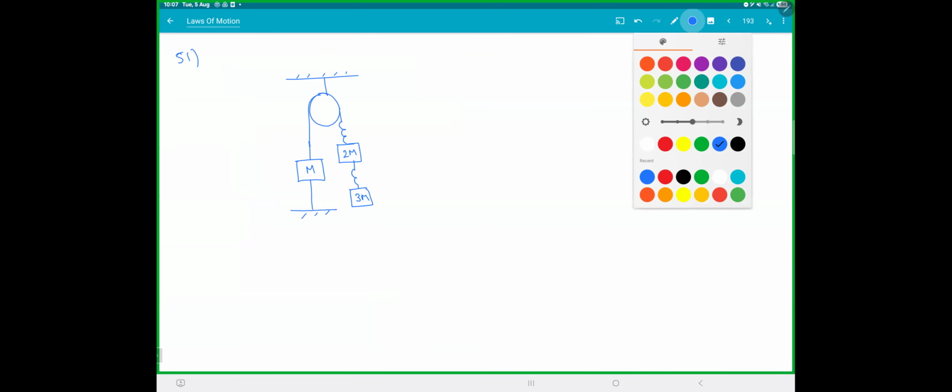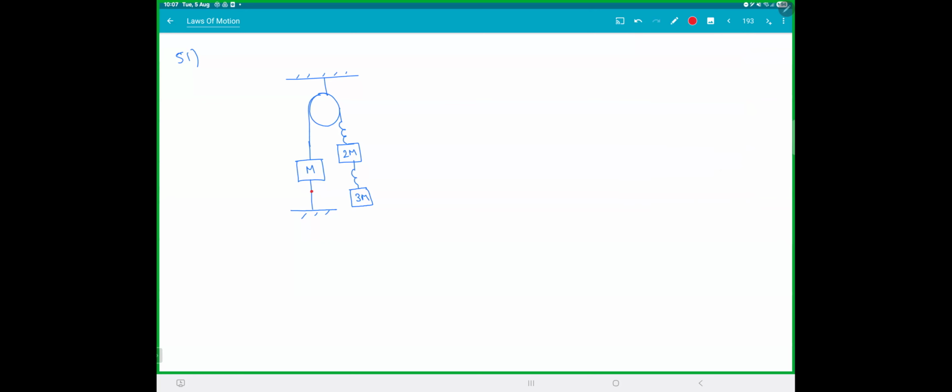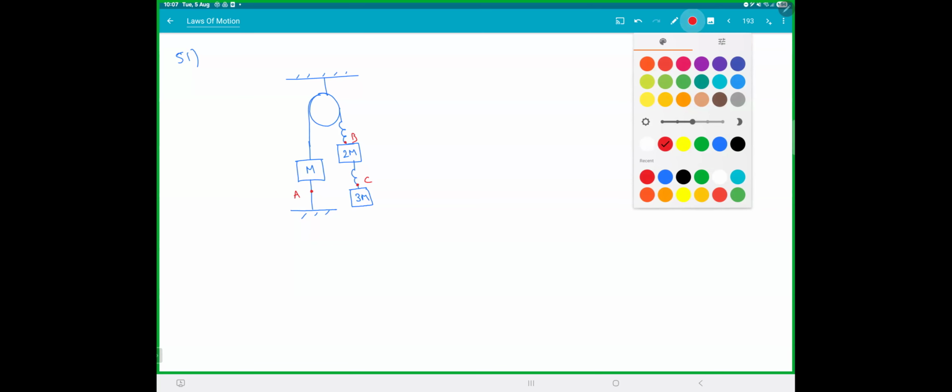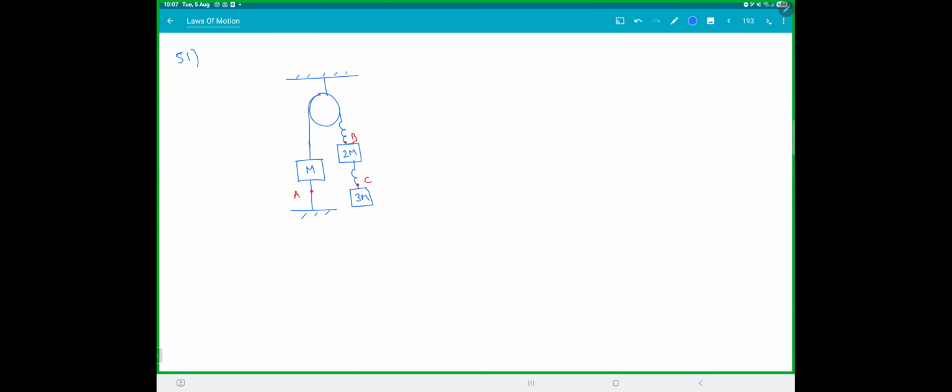Here we have 3 blocks. This is A, this is B, this is C. Find the acceleration of the blocks when the string is cut at A, B, and C. 3 different questions.